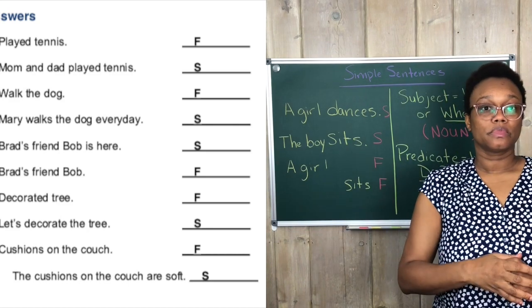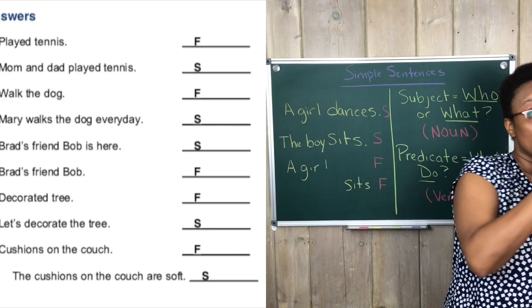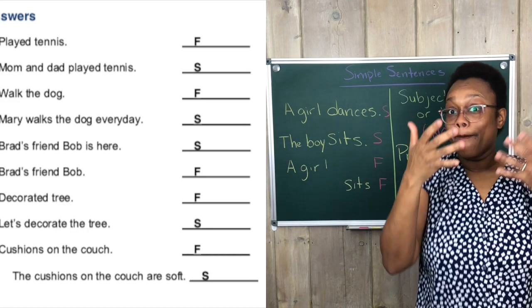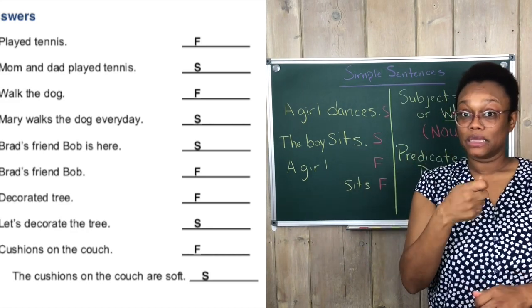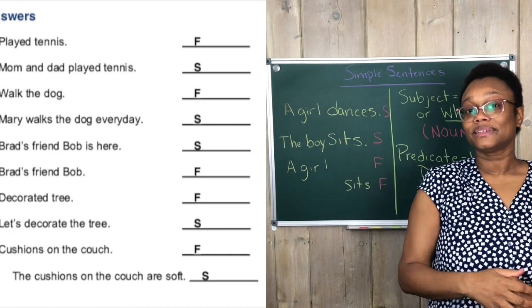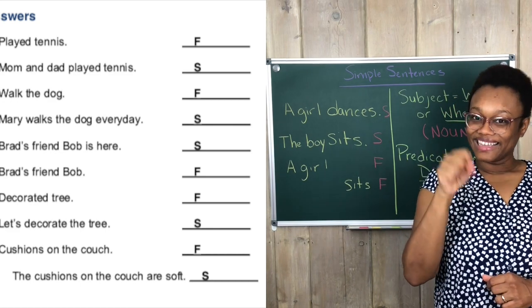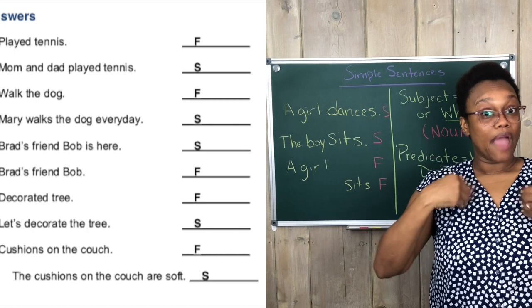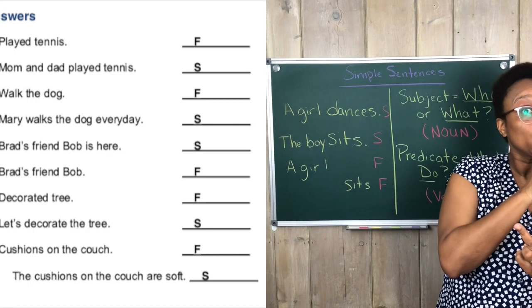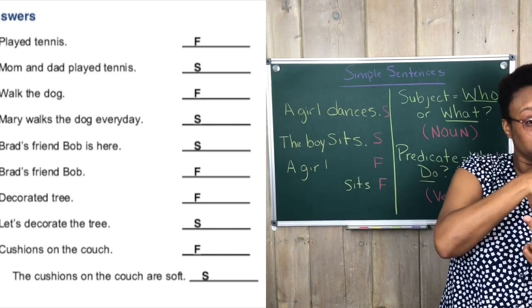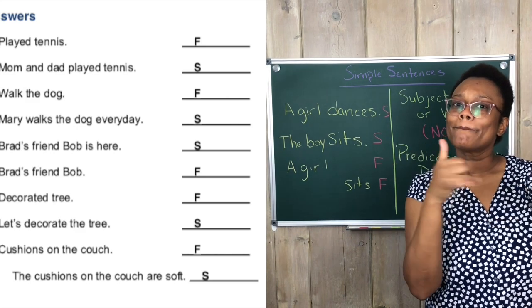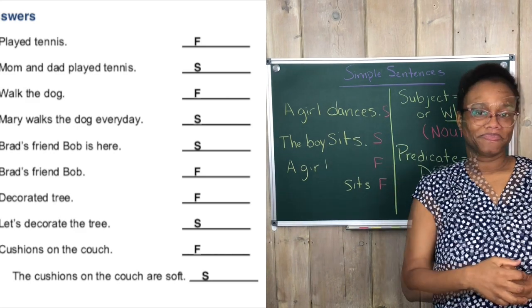Number 2, Mom and Dad played tennis. Is that a sentence? Yes, it is. Why? Because it has both the who, Mom and Dad, and what are they doing? They played tennis.